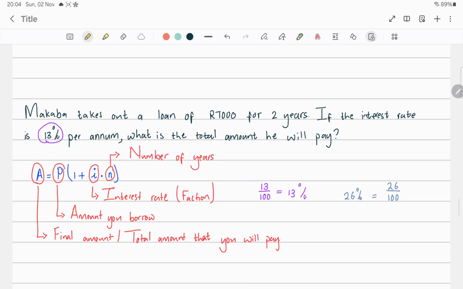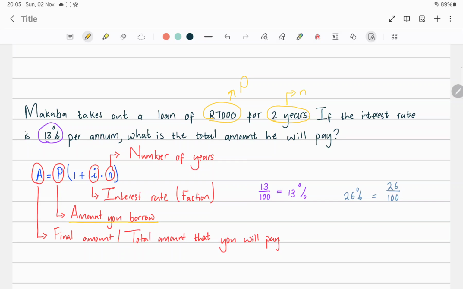So from our statement, let's highlight the very important things. Makaba takes out a loan of 7,000. Remember we said this is the amount you borrow, so this is our P. And then for 2 years: this tells us the amount of time that Makaba takes out the loan for, so it has to be our n.